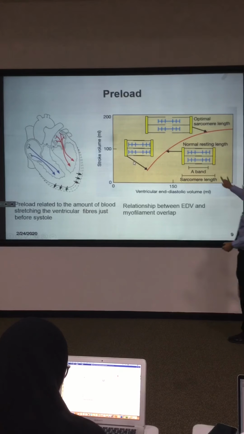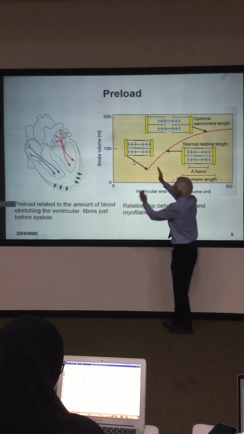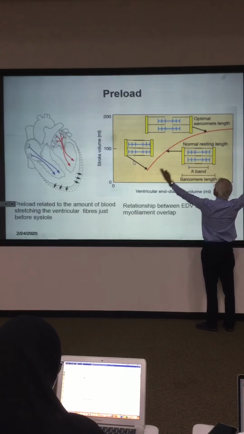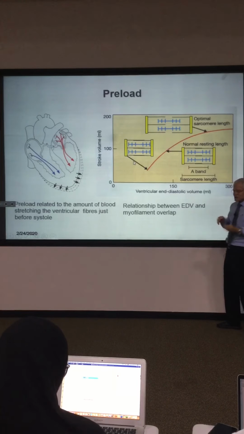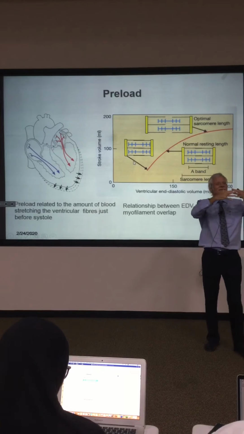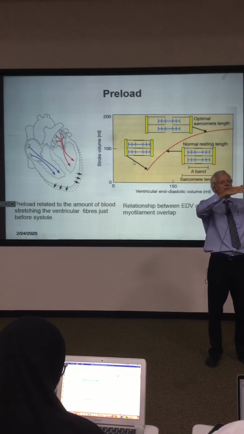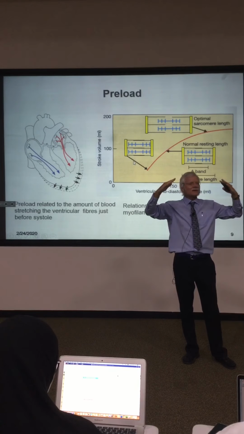Yeah, so you can see here, the difference between this and this is that the whole thing is being stretched apart, isn't it? And you might imagine that as you stretch it apart, the relationship between the actin and myosin reaches an optimal, where you get maximal contraction. But if you stretch it too much, some of the cross-bridges may no longer form.